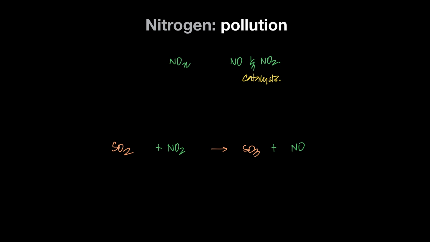You might say, why is SO3 bad? Because SO3 can react with water and become H2SO4. On the other hand, the NO finds a little more air and becomes NO2. If you don't have NO2 but you have NO, then the NO can easily become NO2 and then cause this reaction.